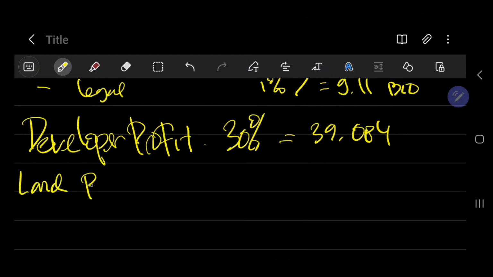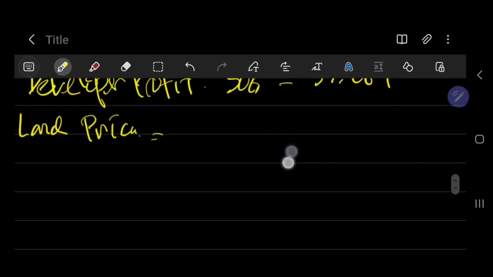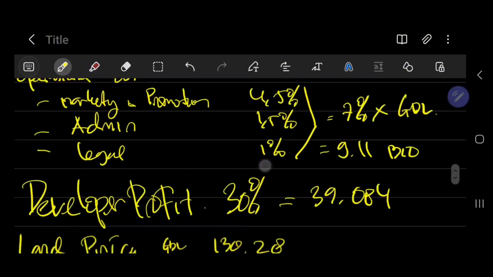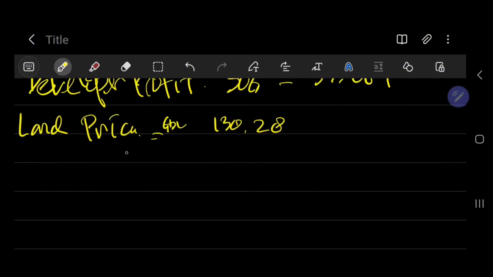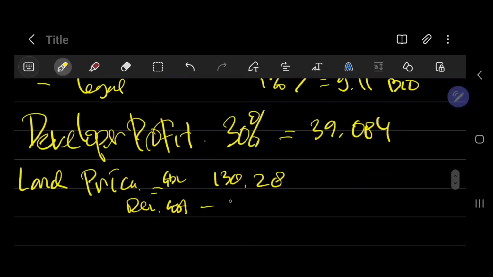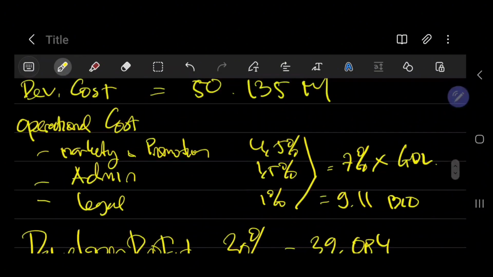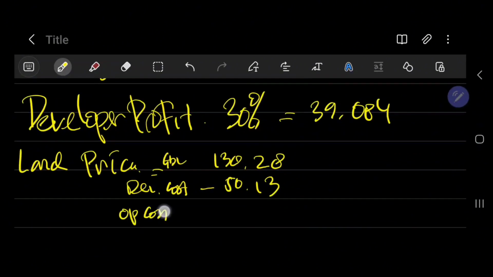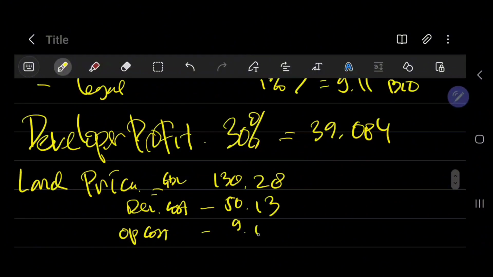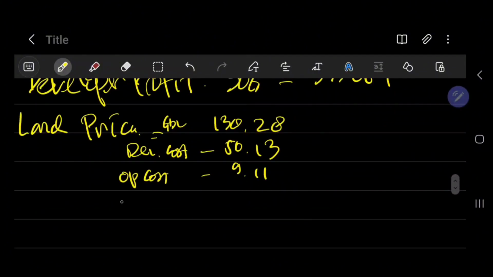So now let's calculate the land price. The reasonable land price will be the gross development value, minus the development cost, minus the operational cost, and minus the developer profit 39.05.